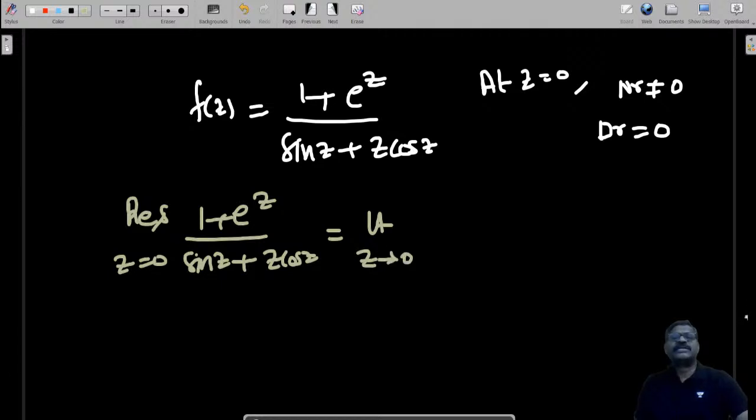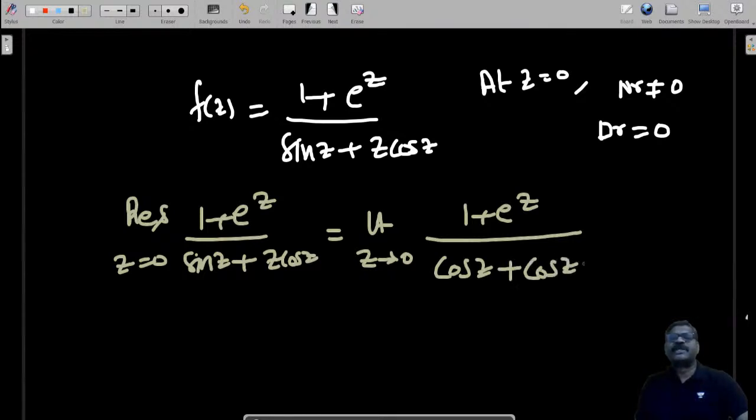limit z tends to 0 of (1 plus e power z) by the differentiation of the denominator. Differentiation of sin z is cos z, and differentiation of z cos z is cos z into 1 minus z sin z.